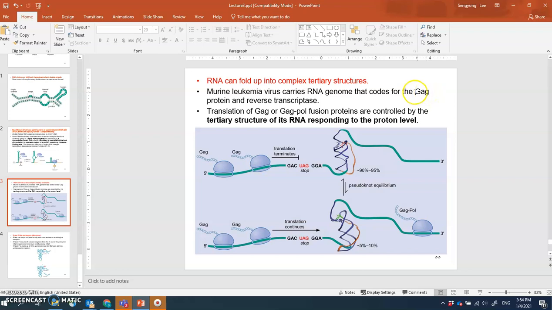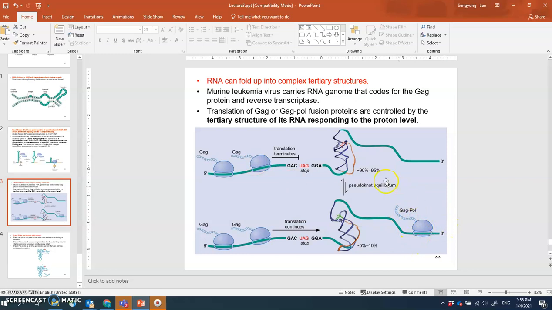Sometimes that GAG protein is expressed alone, or it could be expressed as a fusion between GAG and polymerase together. So the switch of this RNA tertiary structure is controlling the gene expression, either GAG protein only, or GAG and polymerase together.